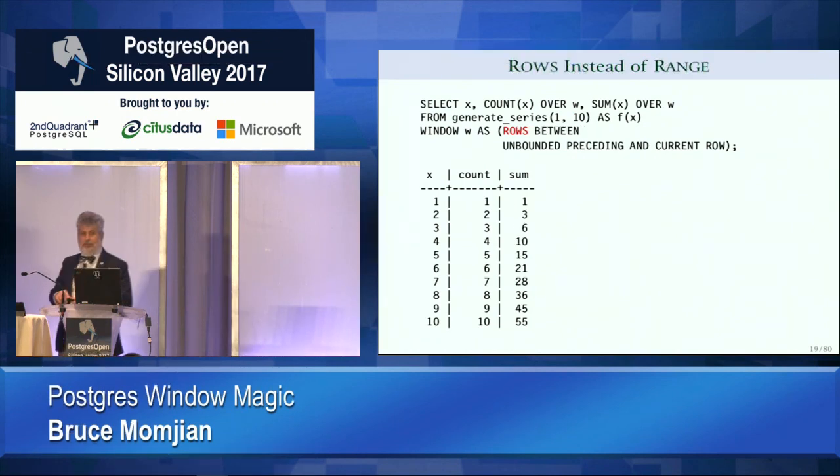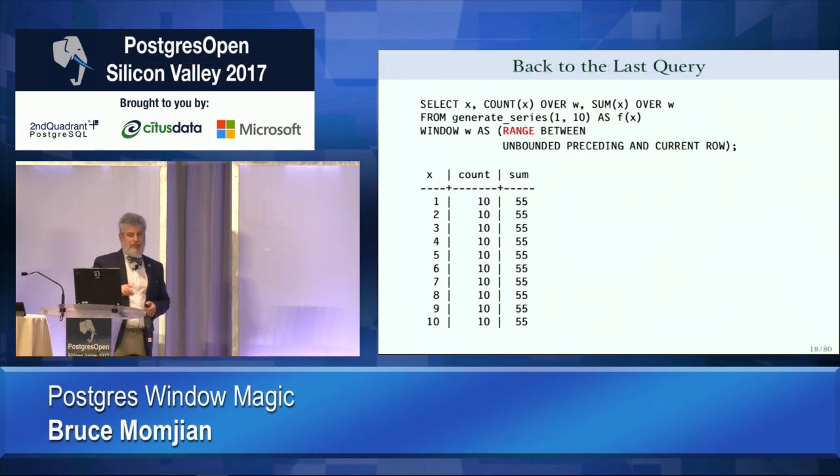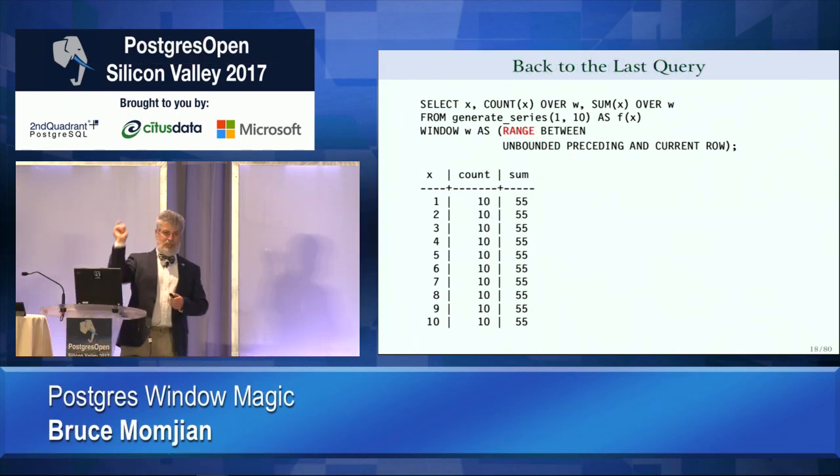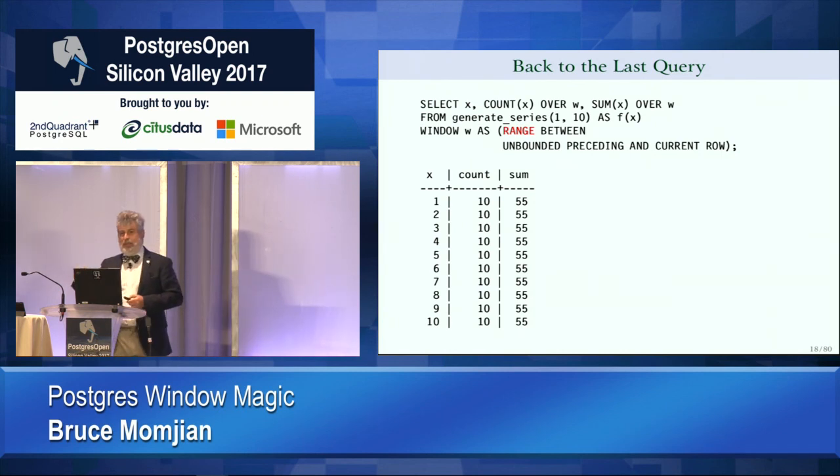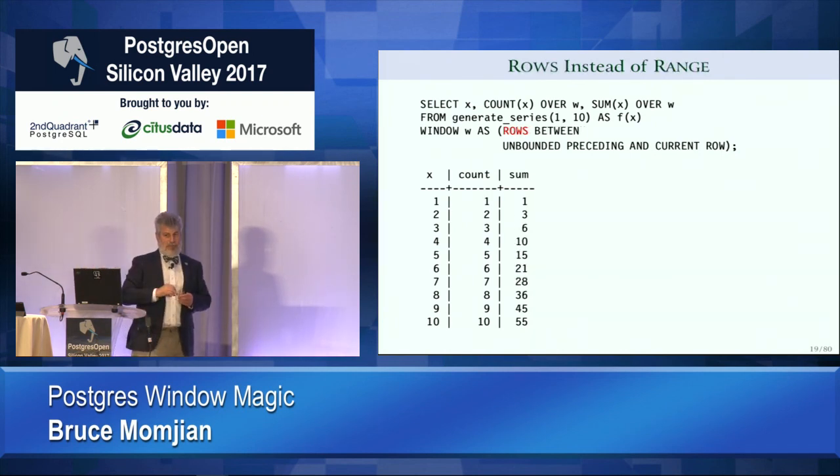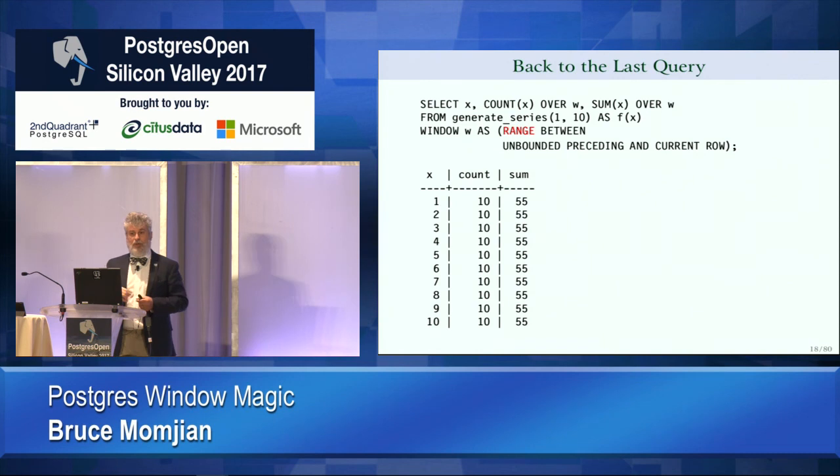And again, I'll show you that in a minute. Look what happens when I switch from range mode, which is our earlier query, to rows mode. Now in range mode, effectively all the rows were considered to be peers of the current row because there's no order by. I haven't defined an equality here. I haven't defined an order. So effectively, it thinks the whole data set is the current row.